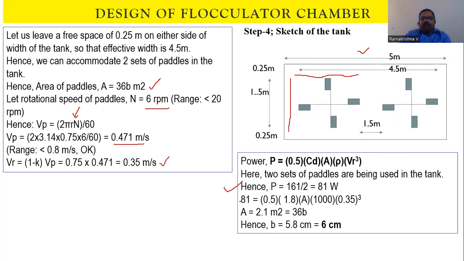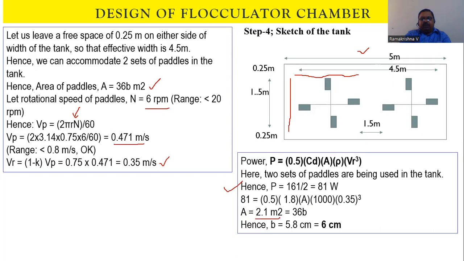So 81 watts is equal to, using this equation, half CD. CD again 1.8 you are taking as a constant value from the manufacturer data, standard value. A is the area of the blades, rho is the density, and VR we calculate as 0.35. So A is equal to 2.1 meter square.